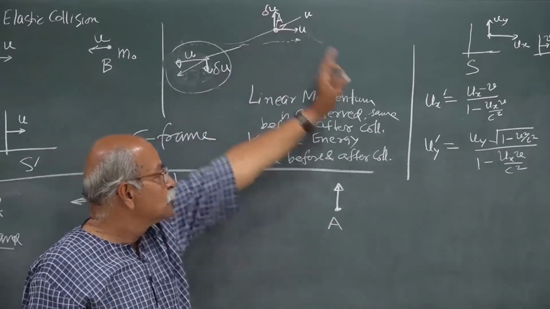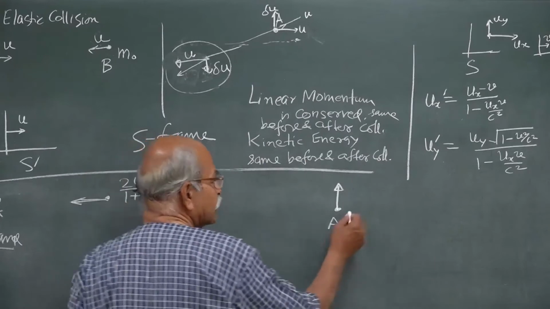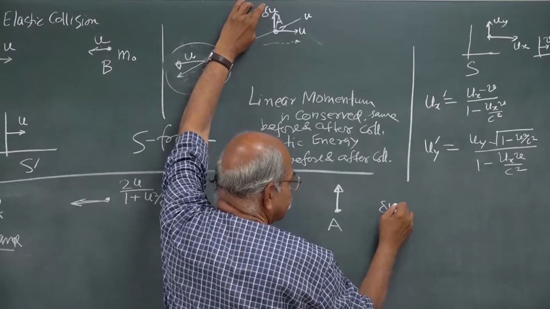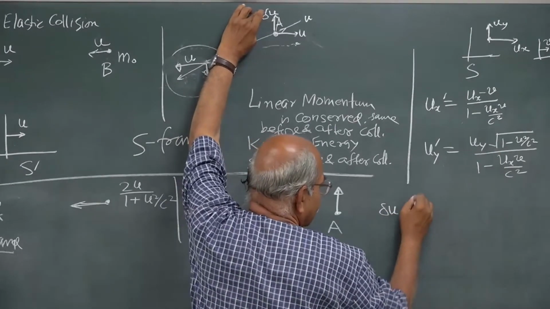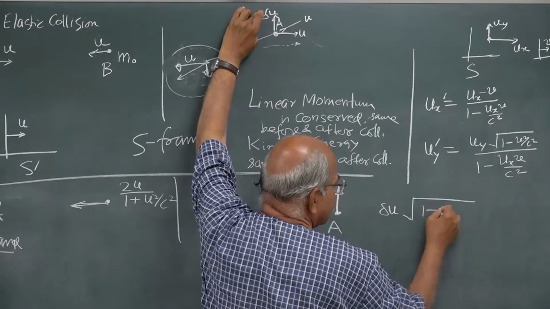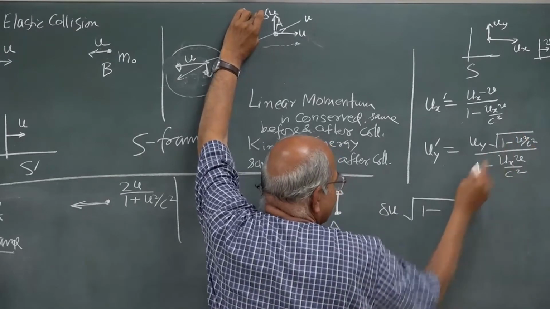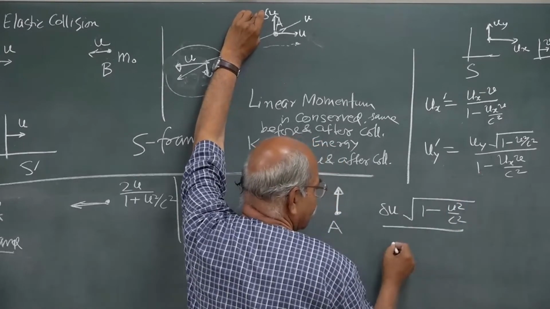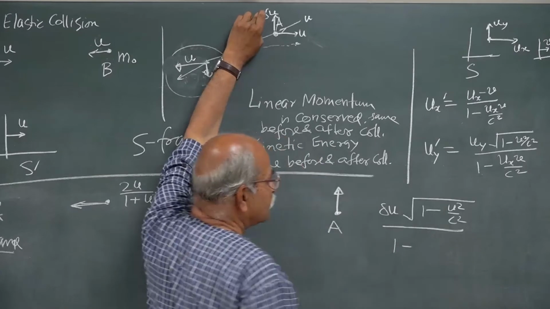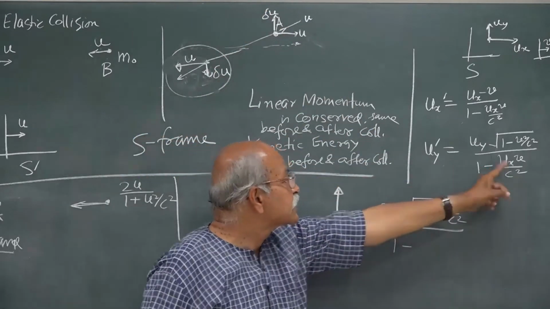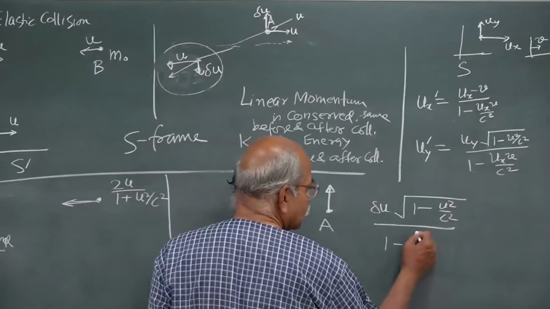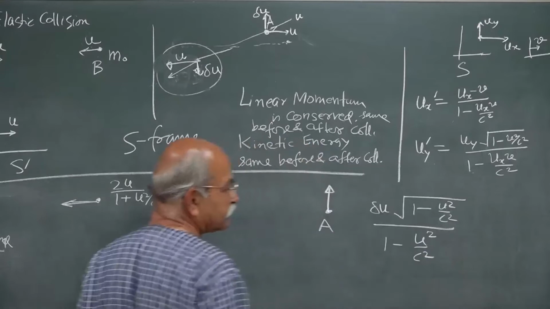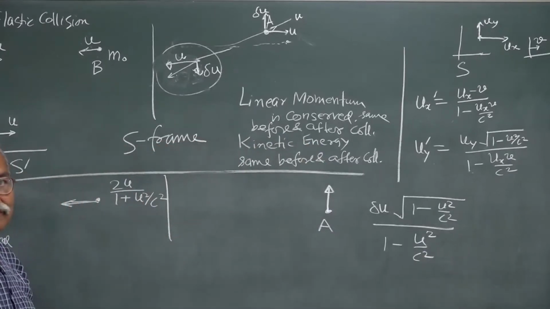It is delta u, so you have to use this equation: uy, that is delta u, multiplied by the square root of 1 minus u squared by c squared, divided by 1 minus ux times the frame velocity u divided by c squared.